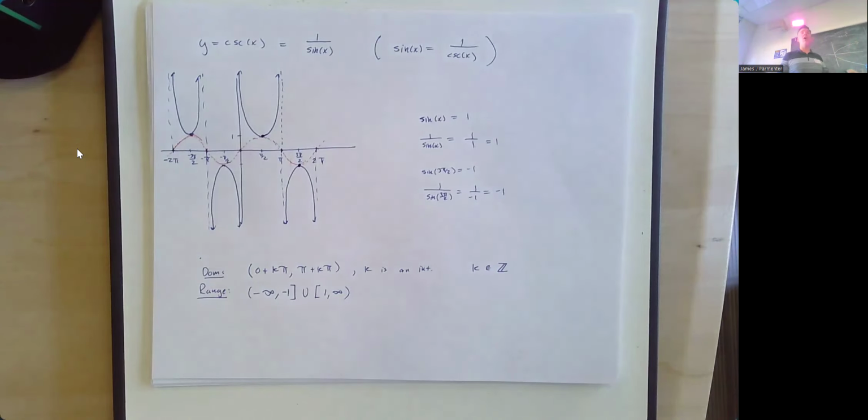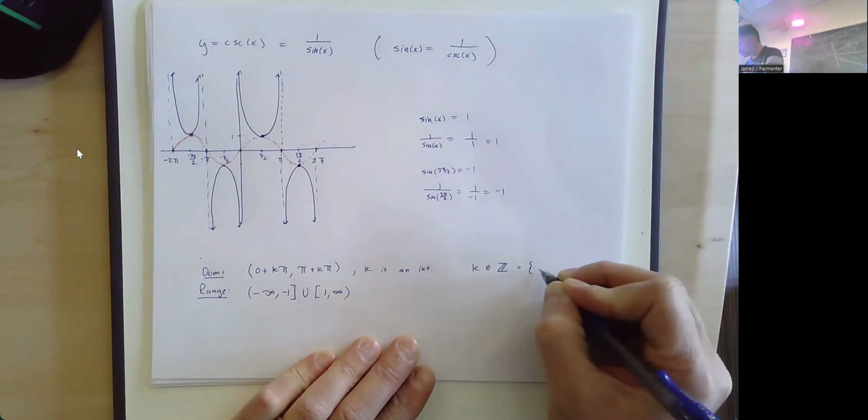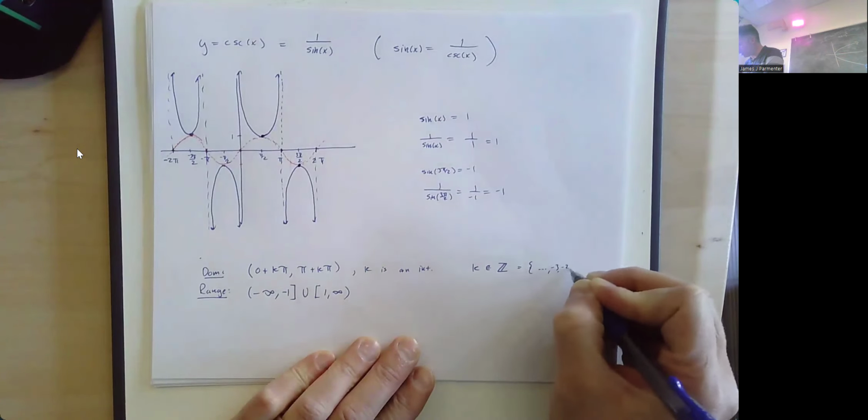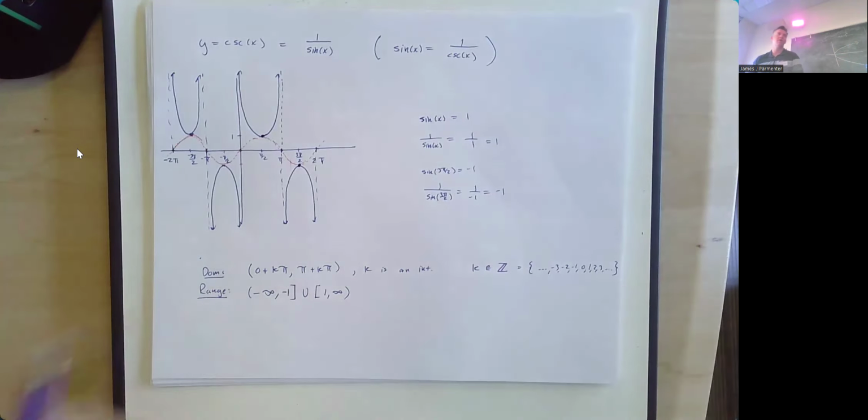Just like fancy R is the set of all real numbers. I don't typically use that notation, but in case your professor is, that's what that means. It's the set from -3, -2, -1, 0, 1, 2, 3, forever and ever. All the counting numbers and 0 and all the negative counting numbers.